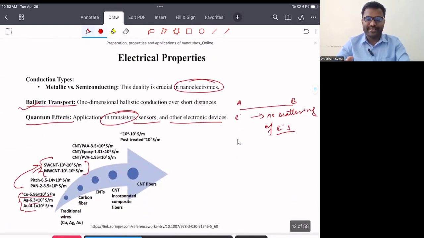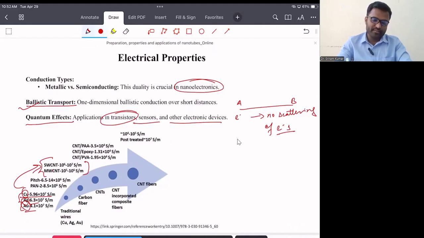Further, we understood the electrical properties of these carbon nanotubes. Based on the kind of chirality, these materials may be metallic or semiconducting, and we understood the difference between the conductivity of metals, for example copper, silver, and gold, with multi-wall CNT and single-wall CNT.